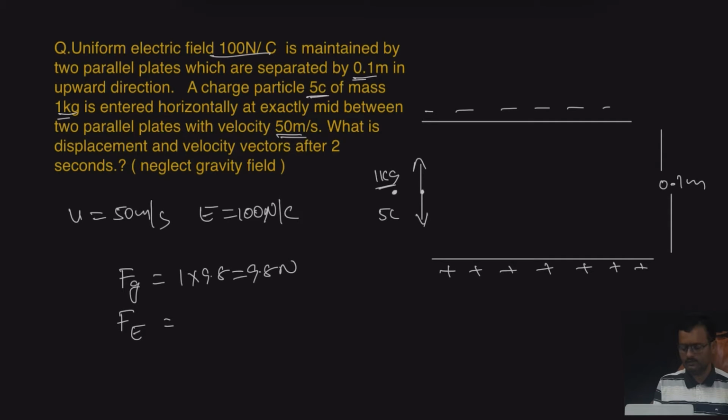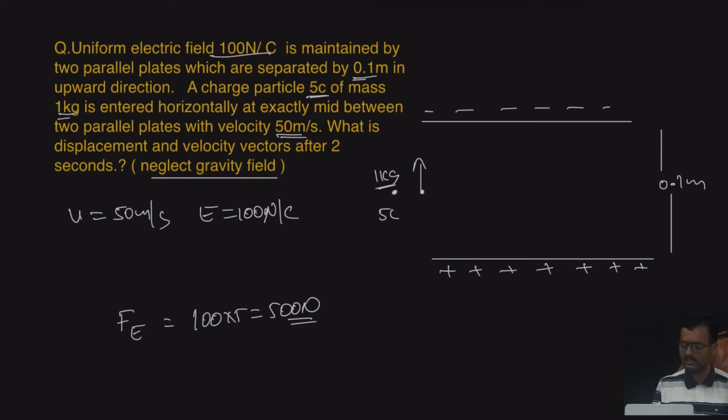Electrostatic force is equal to Eq, electric field is 100 newtons, charge is 5, so this is 500 newtons. Compared to 500 newtons, 9.8 is negligible. See here, the clue is also given: neglect the gravitational field, so don't take the gravitational field here. Only the electrostatic force is acting on the particle, in the upward direction. So acceleration is also in the upward direction.